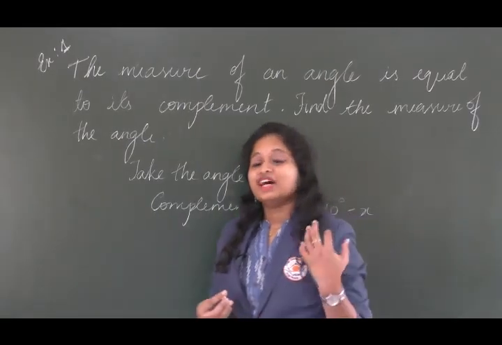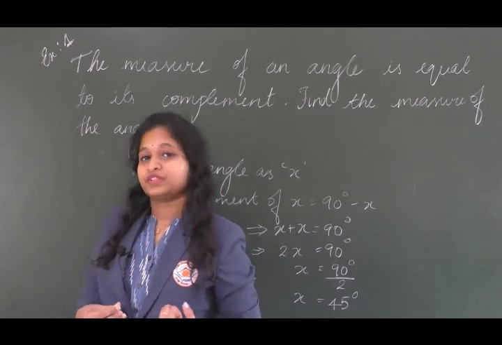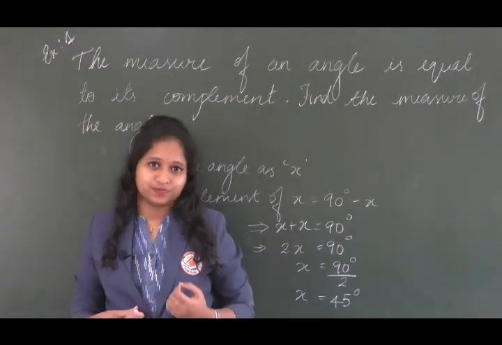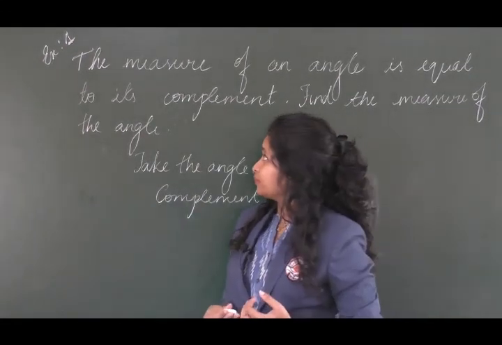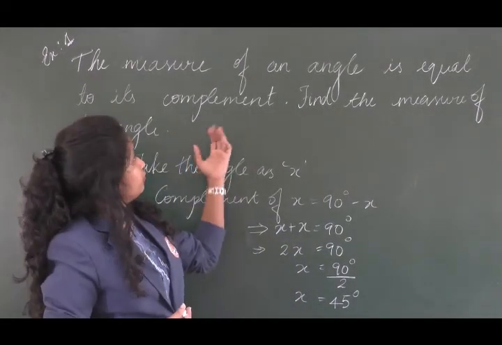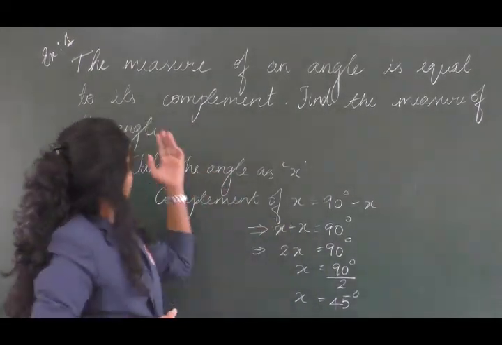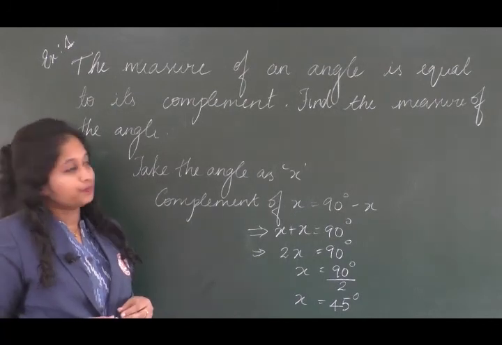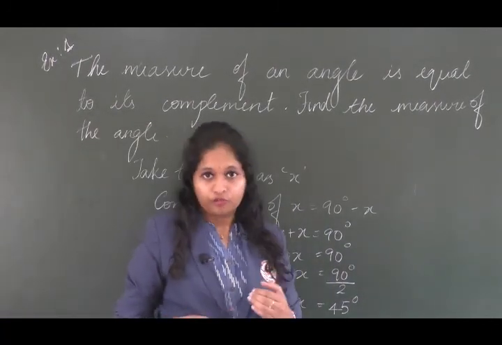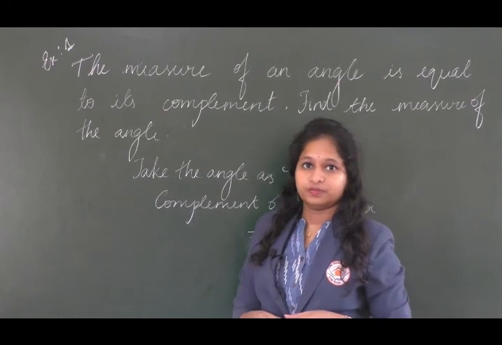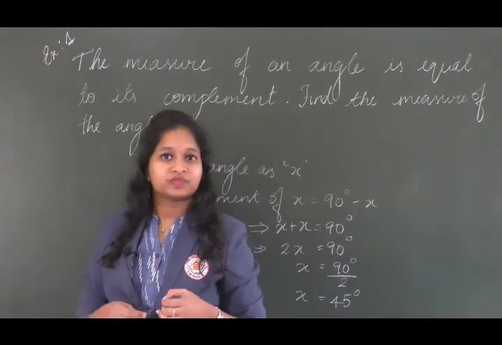Children, now let's learn a problem from example number 1. The question is, the measure of an angle is equal to its complement. Find the measure of the angle. Okay.